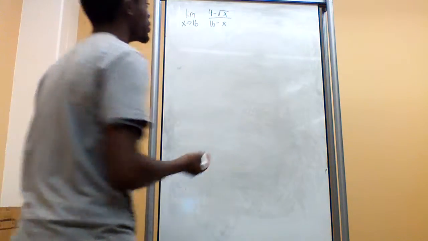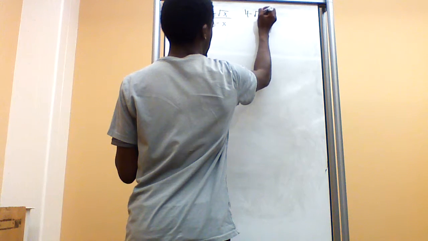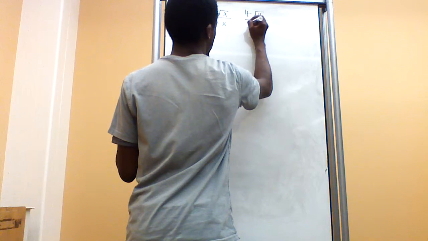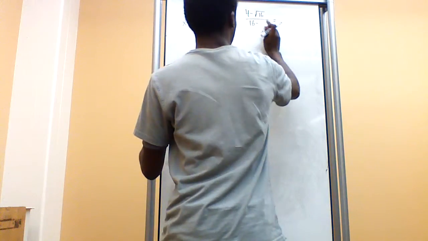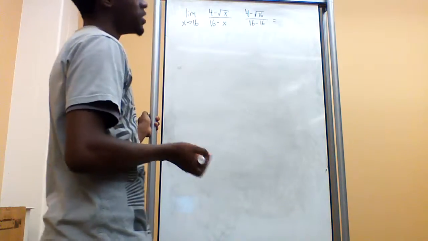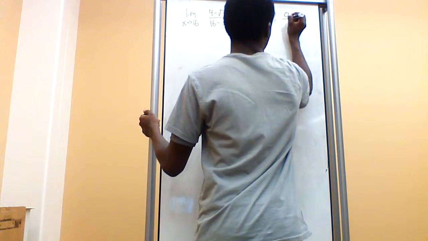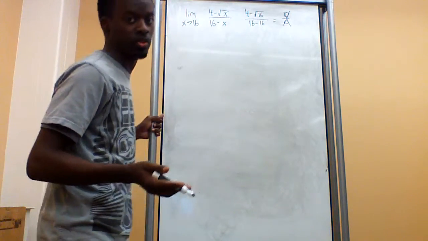First, we're going to use direct substitution and plug in 16 everywhere you see an x. And this will come out to 0 over 0. And this is indeterminate, so therefore you have to change the way that the function looks.